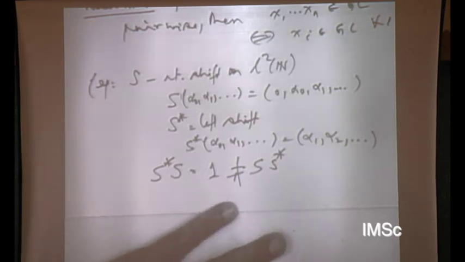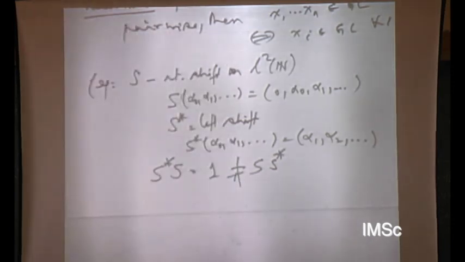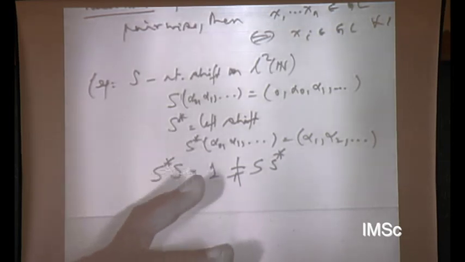I'm saying S S star will kill the basis vector E0. I'm not saying that the image will have the first coordinate as 0. S S star of anything is just going to be 0 and then all the others, alpha 1, alpha 2 only.